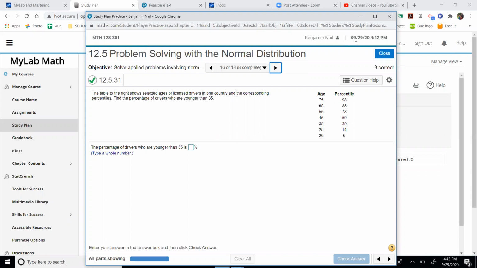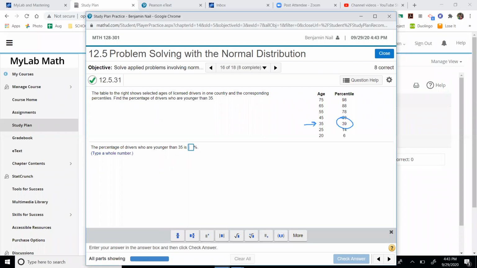If we want to find the percentage of drivers who are younger than 35, we look at our data item of 35, which gives us a percentile of 39. That means 39% of our licensed drivers are below 35. So the percentage of drivers younger than 35 would be that 39%.